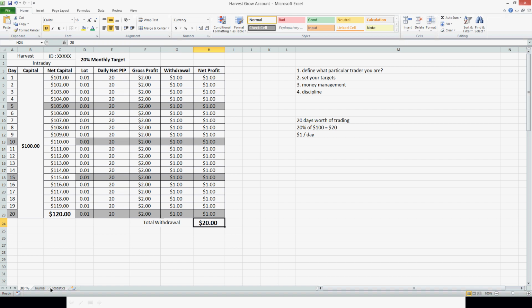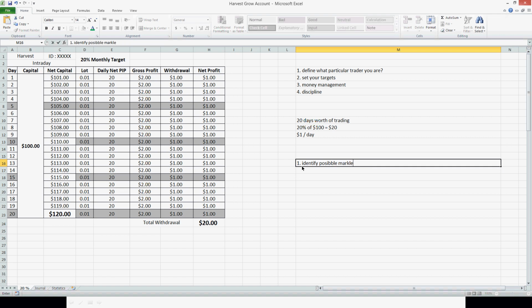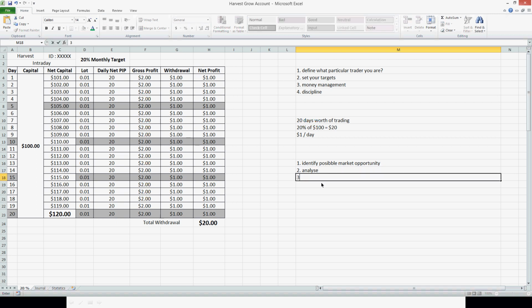There are a lot of pairs out there, and the first thing you have to do is identify a possible market opportunity. The next one is you have to analyze the market.